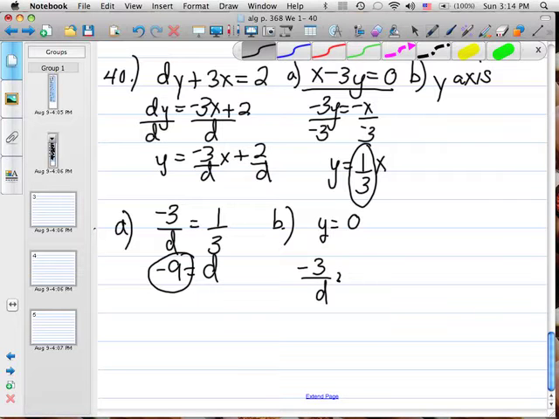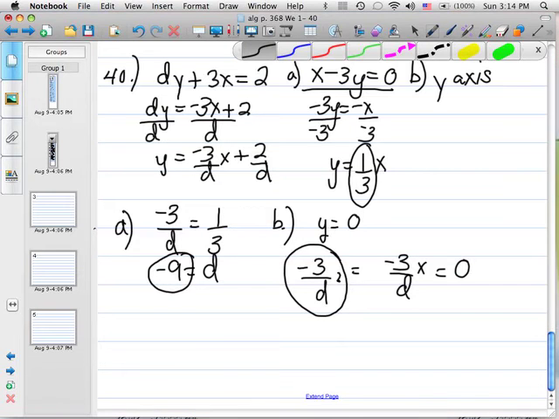We'd have to have a slope of 0, and the answer is 0. So this would have to be negative 3 d x would have to equal 0. And that concludes the evens.